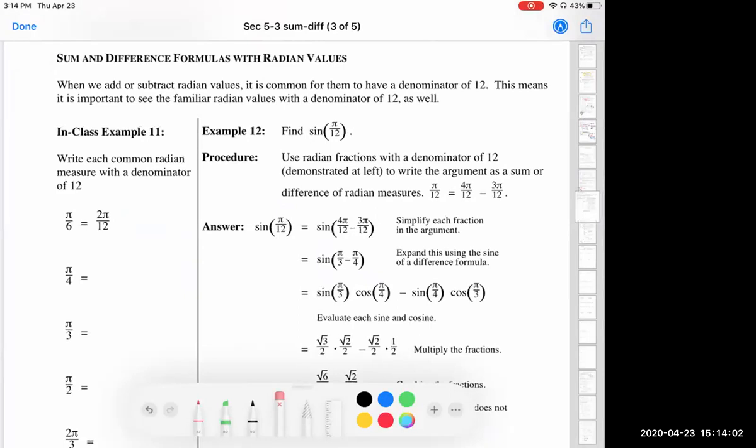Moving forward, sum and difference formulas with radian values. Now, this is probably not the right thing for me to say, but I do not like working with radians. And that's not ideal because we're going to have to work with radians at some point. So if you'd like to, it wouldn't be incorrect to change it to degrees. And again, that's a preference thing.